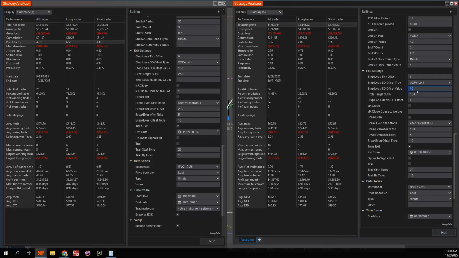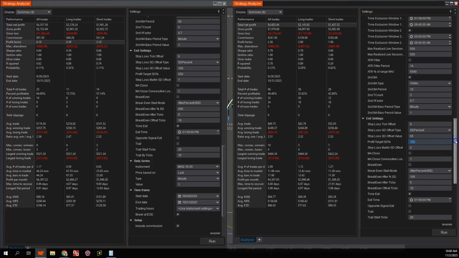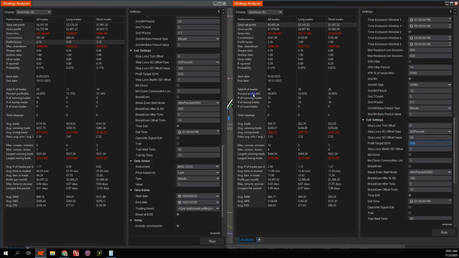So you're risking $65 to make $150. So those win rates are actually really, really good. I was playing around with this before. Watch the win rate here, percent profitable. If I wanted to, I could risk 400 to make 150, and now watch the percent profitable.